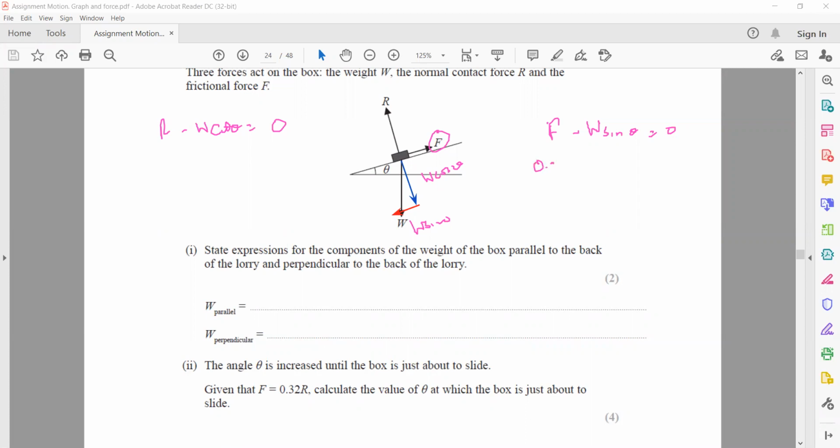So 0.32 R minus W sin theta equals 0, or 0.32 R equals W sin theta, and here R equals W cos theta.